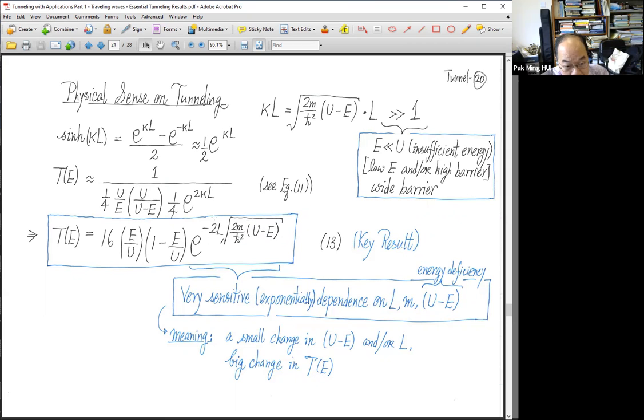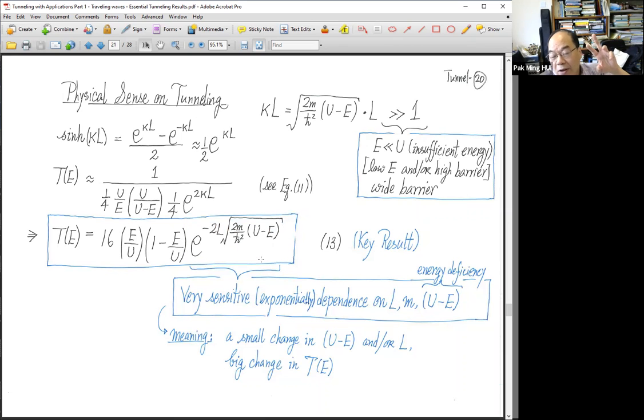Secondly, if the barrier width increases by 5%, say, okay? Again, it is exponentially sensitive and that will drop by a lot, okay? So when you see this, have this idea in mind. You don't need to do the mathematics every time, but you need to have some sense when you read a formula.